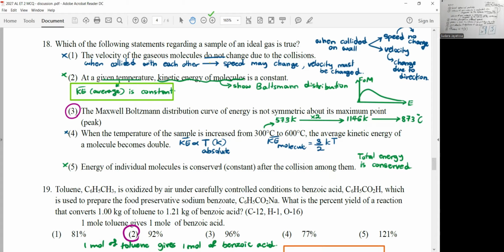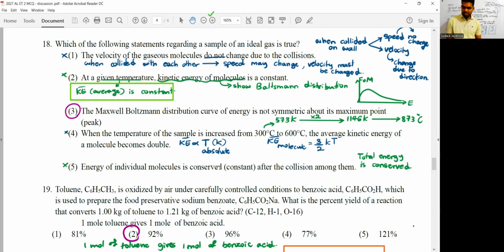You can see the calculation I did here, right? So 300 Celsius is actually 573 Kelvin. Understood? 573 Kelvin. So if you need to double the average kinetic energy, you need to multiply that 573 by 2. Then the average kinetic energy will be doubled at 1146 Kelvin.